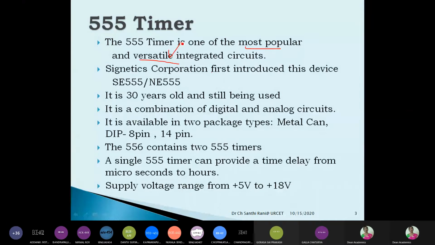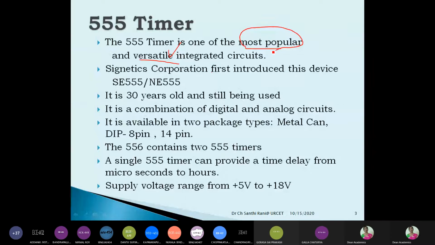So what do you mean by versatile IC? It has so many applications. An IC which can be used for many applications, we say versatile. So the 555 timer is also a versatile integrated circuit, and it is one of the most popular ICs.